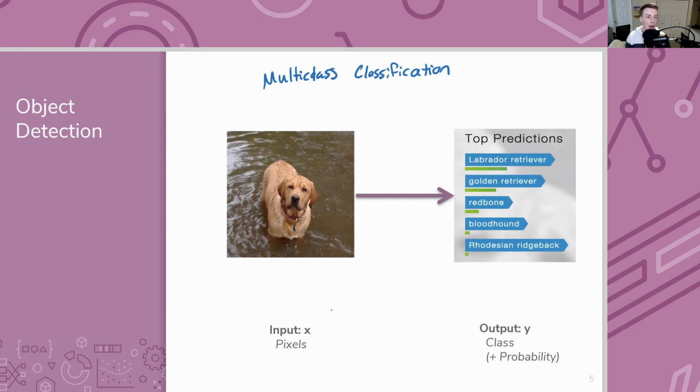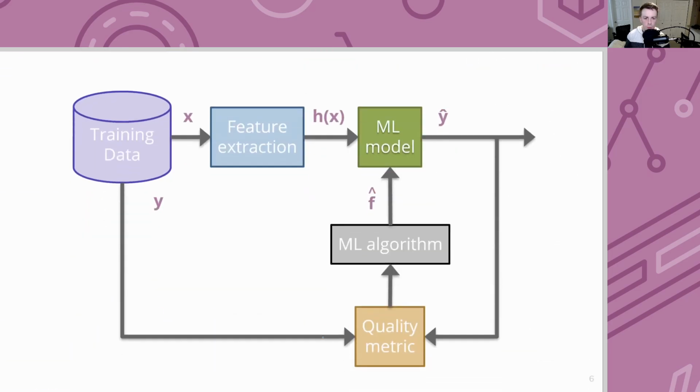So we're going to see lots of different examples of classification. For the most part, to start off with, we're just going to focus on the binary case, and everything we'll talk about extends quite naturally to multi-class classification. So what I'm going to start us off with is our ML pipeline. We have training data, we have feature extraction, an ML model, a quality metric, and an ML algorithm. A lot of these things may or may not need to change from our regression setup.